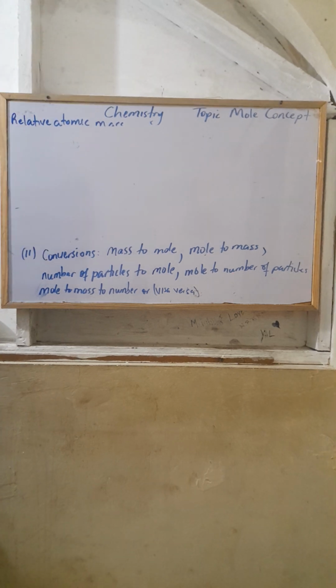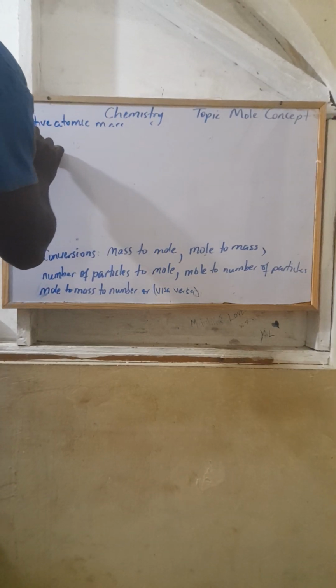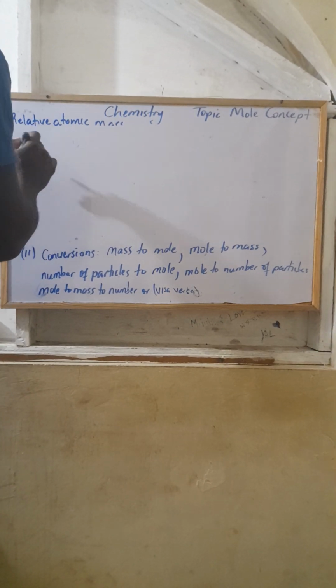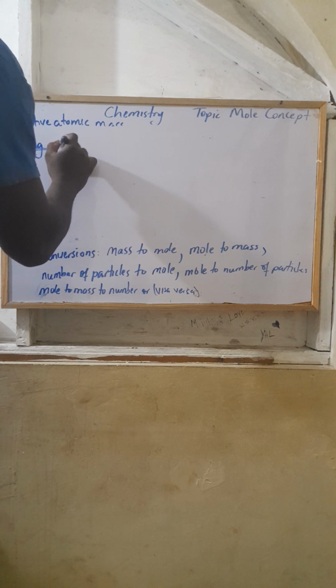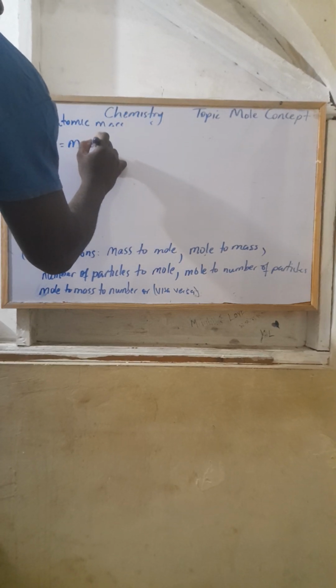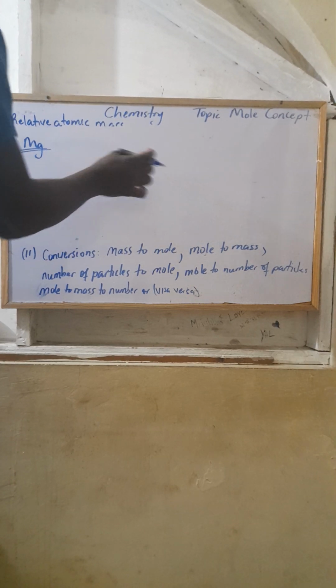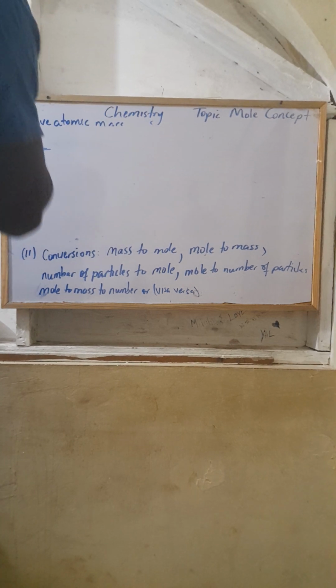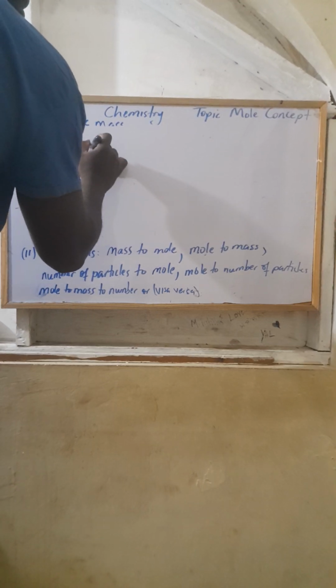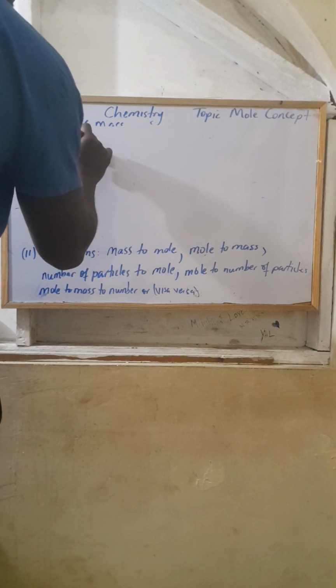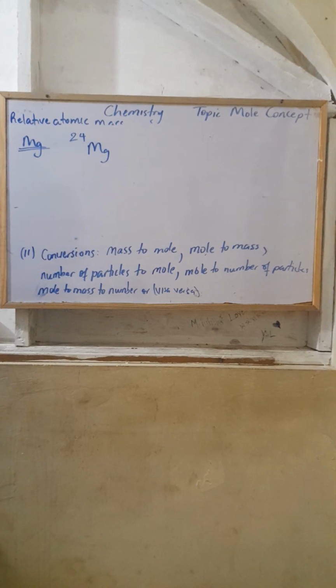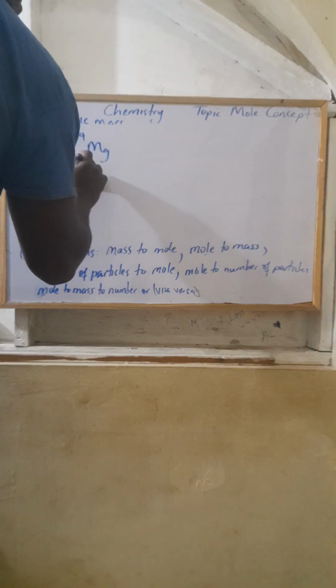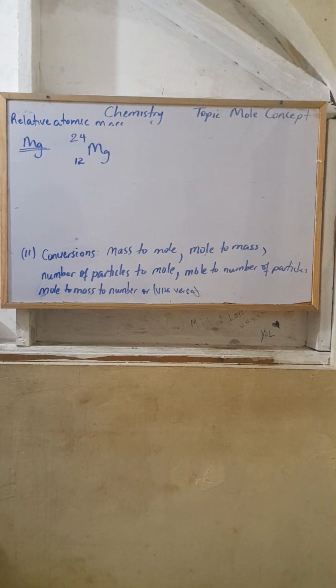So again, another example that we could use is magnesium, Mg. The nuclear notation for magnesium is Mg, with 24 at the top representing the mass number, and 12 at the bottom representing the atomic number. Okay?